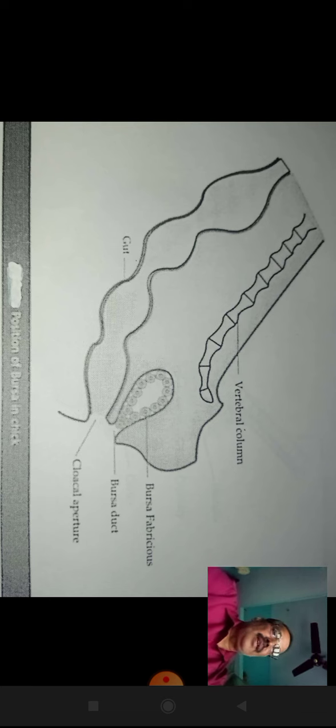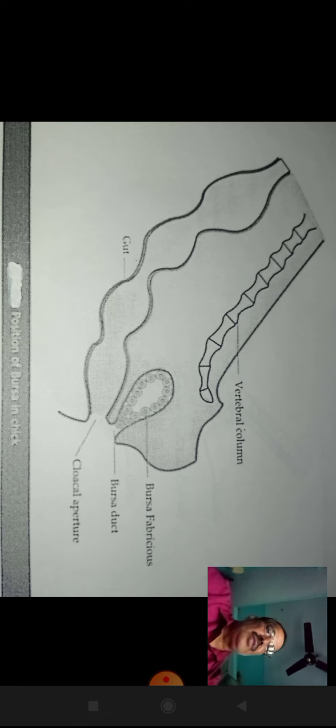So the bursa of Fabricius functions as bone marrow in birds. The bone marrow of mammals differentiates and matures the B cells, B lymphocytes.